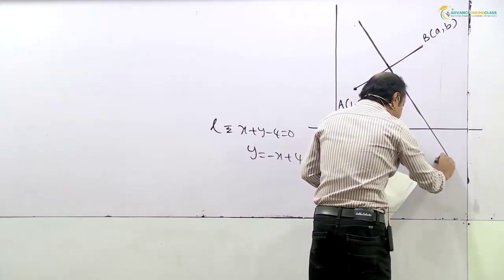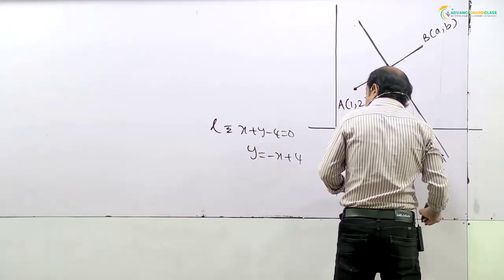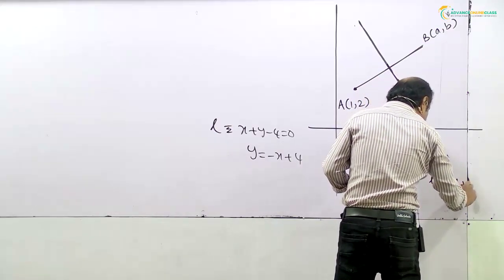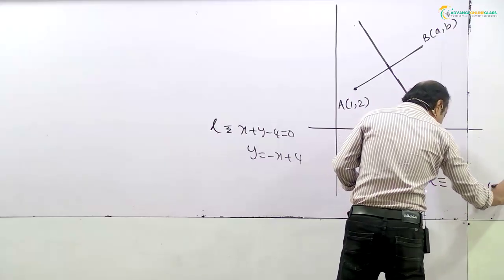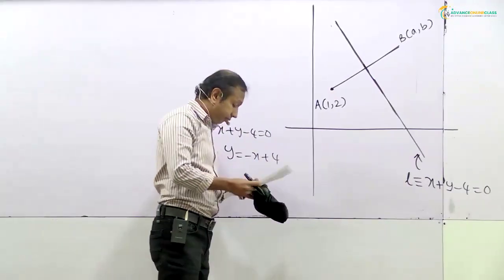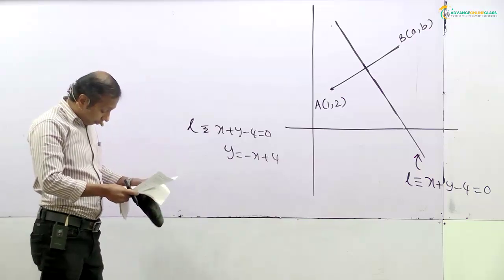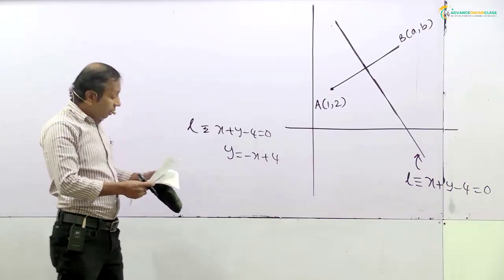This is line L, x plus y minus 4 equals 0. The gradient of this line is -1, no? What is the first part asking there? B, (a, b).